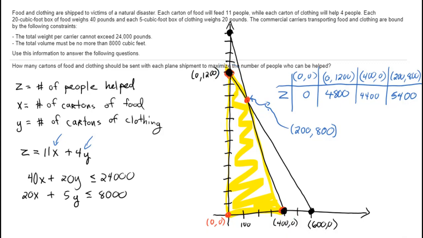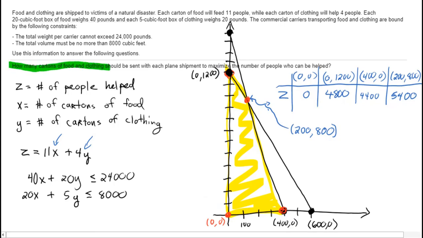Alright, now that we have all the information, we have the answer, but we need to make sure we answer the question that was asked of us. So it says, how many cartons of food and clothing should be sent? So this is our ordered pair. So the answer is 200 cartons of food, because x corresponds to food, and 800 cartons of clothing.